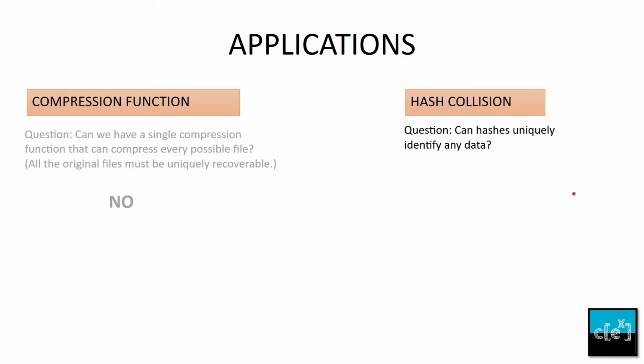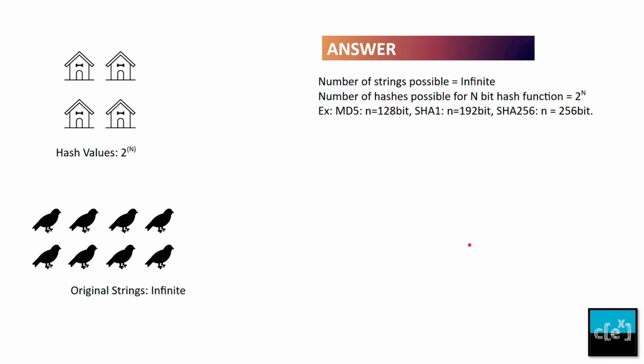Let's find out using the pigeonhole principle. We know the number of possible input strings or files is infinite. So we have an infinite number of pigeons to fit. And the number of hashes possible for an n-bit hash function is 2^n, which means we only have 2^n houses.